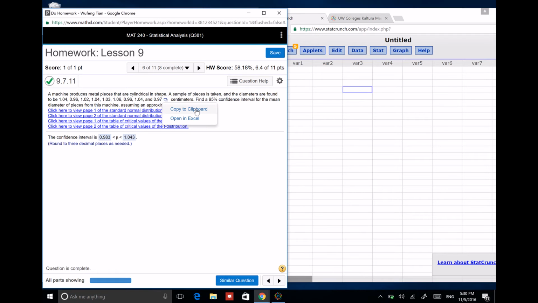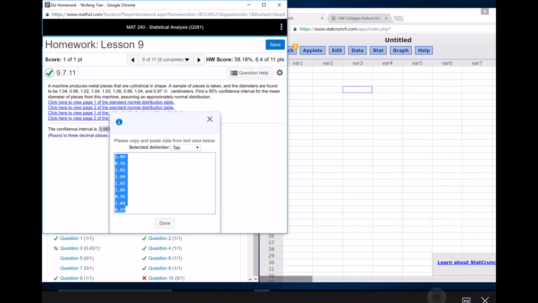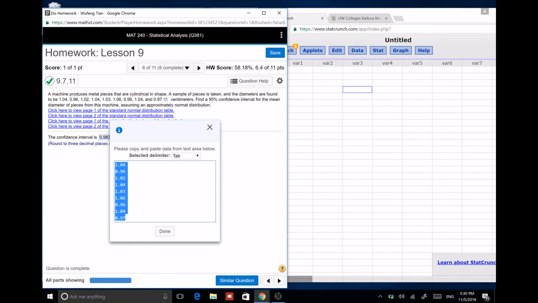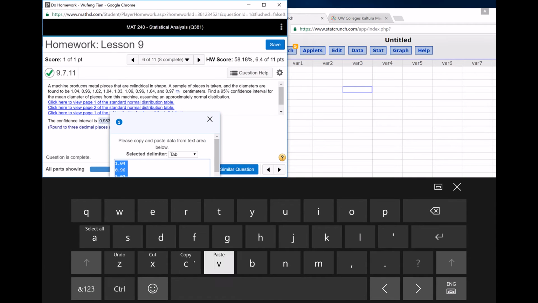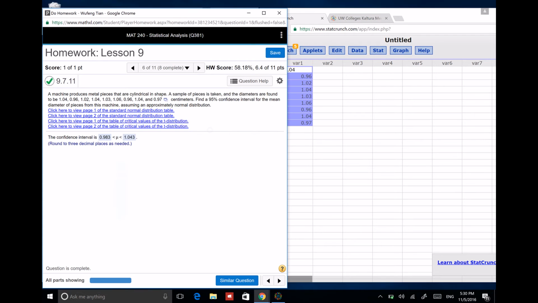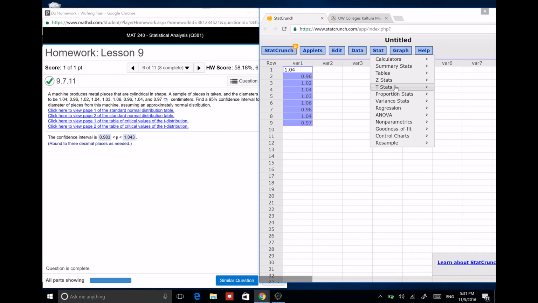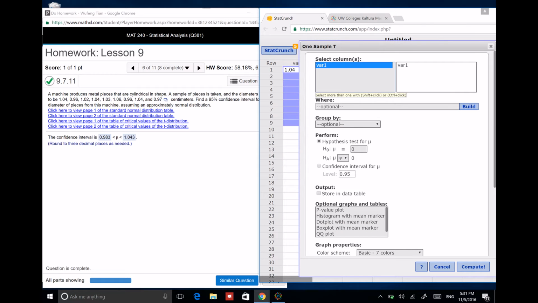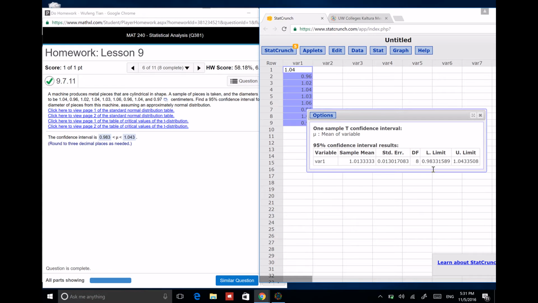I click to copy that, Control C, and then paste it here, Control V. Then you do stats, t, one sample with data. Variable 1, choose that, and 95% confidence interval computed. So you get 98.983 to 1.04.